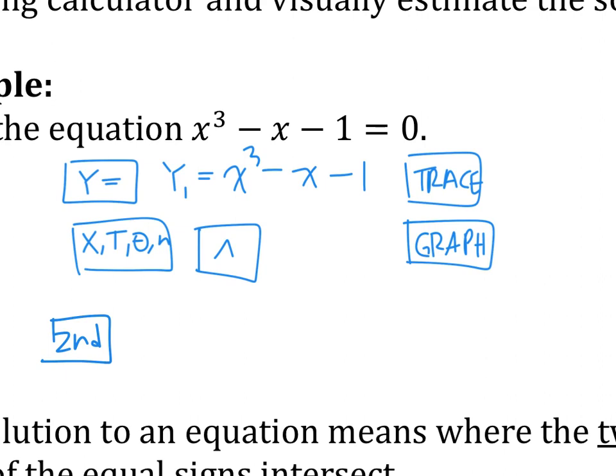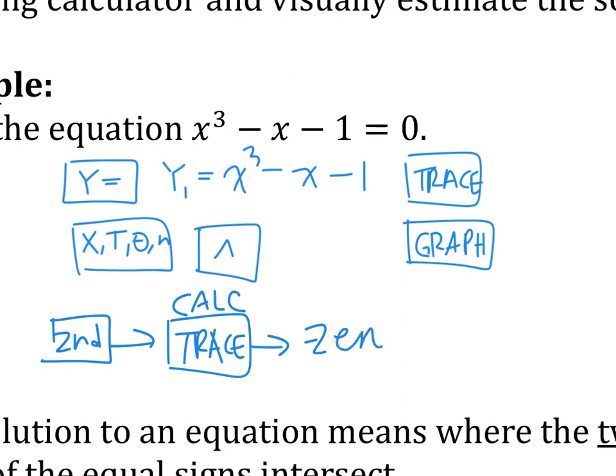So you're now going to go to the button that says trace, but because on top of trace it says calc, you're actually doing calculation. So second trace. Okay? Now you're going to basically ask your calculator, find my zeros. So go to 0. And now it's going to go back to the graph.